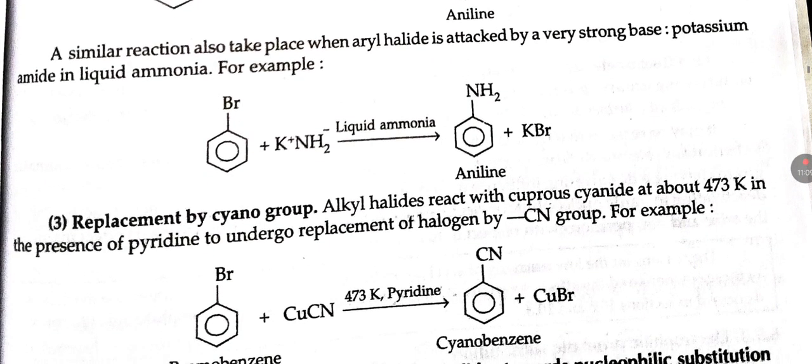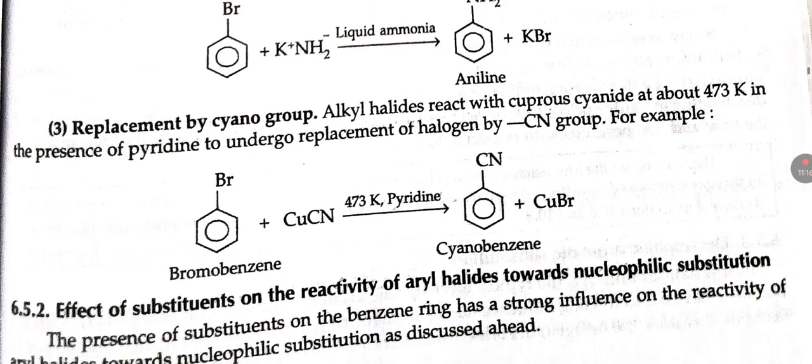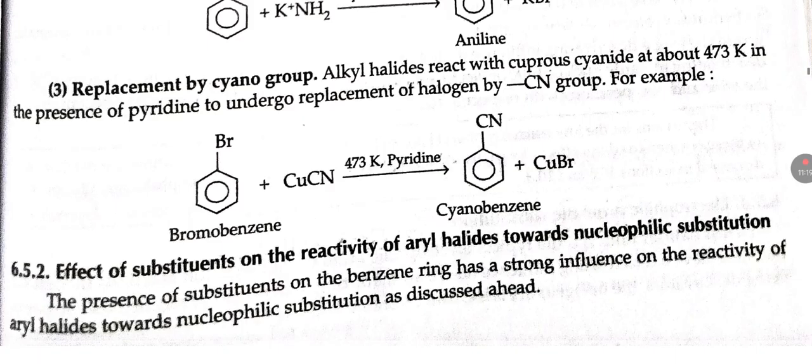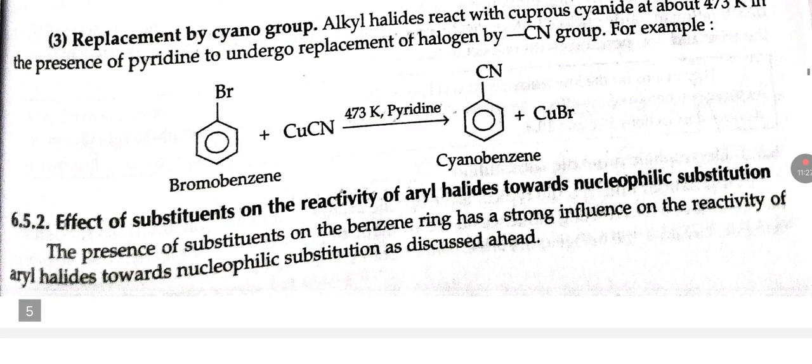A similar reaction also takes place when an aryl halide is attacked by a very strong base, potassium amide in liquid ammonia. Replacement by cyano group. Aryl halides react with cuprous cyanide at about 473 Kelvin in the presence of pyridine to undergo replacement of halogen by the CN group.